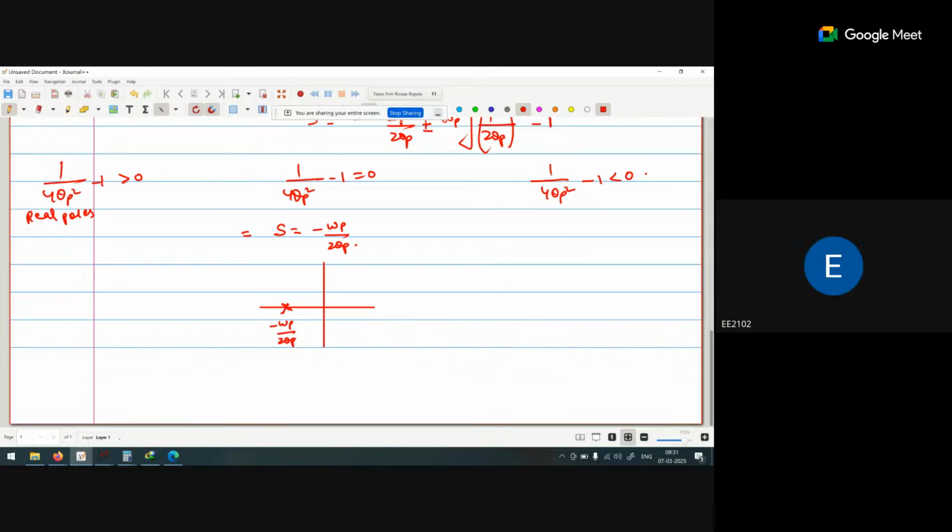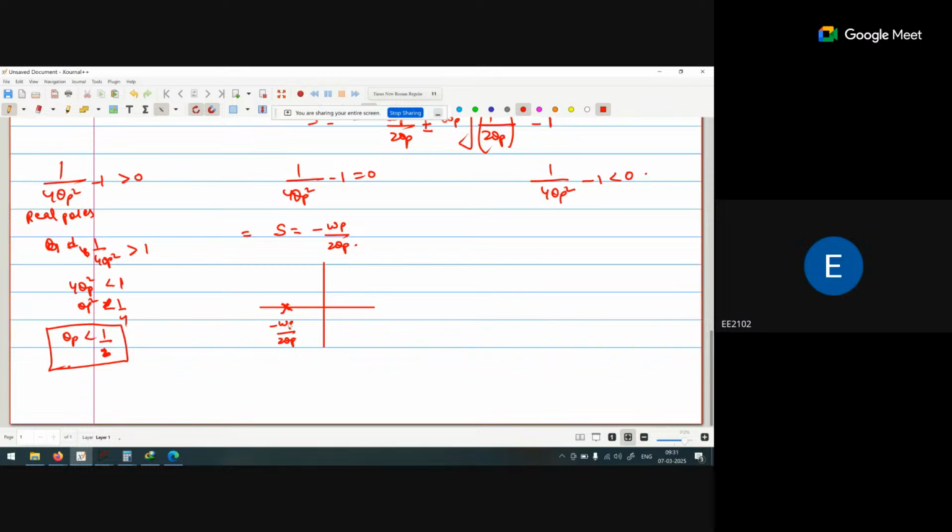So what is the value of qp? 1 upon 4 qp square is greater than 1, that means 4 qp square is less than 1, qp square less than 1 by 4, and qp less than 1 by 2. This is the quality factor for which the poles are real.